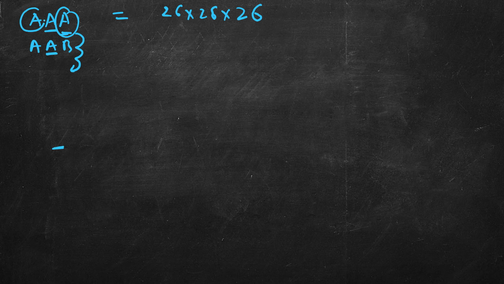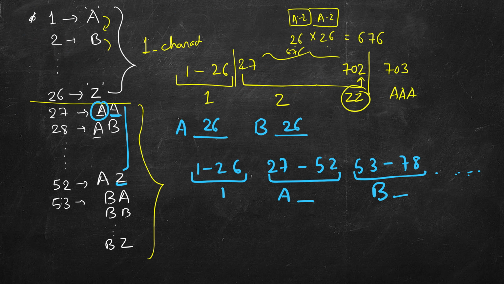And by the same logic, the first will change after 676 values, since you fix the first value and then you have 2 places to fill, which can be filled in 676 ways. So this A will remain constant for 676 values, then B will again remain constant for 676 values. So this was for 3 characters. There is a general trend here, and we have to find that.